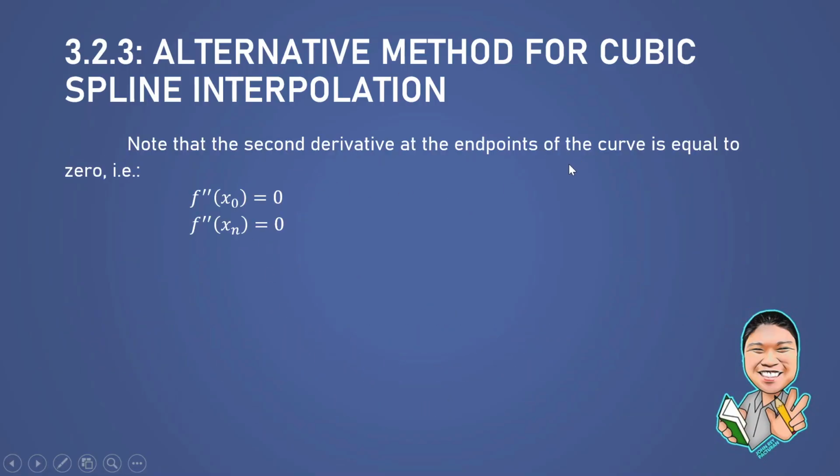So, note that the second derivative at the endpoints ay 0. So, di ba ito yung step 4 ng cubic spline? So, yung second derivative ng x sub 0 and yung second derivative ng x sub n is equal to 0.